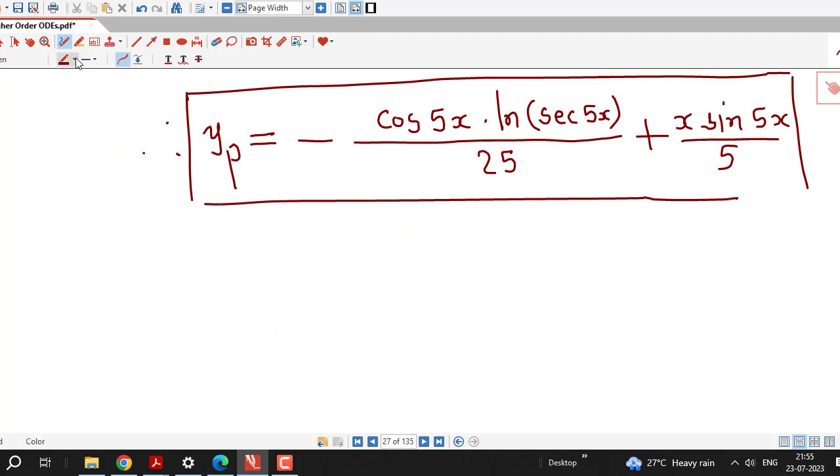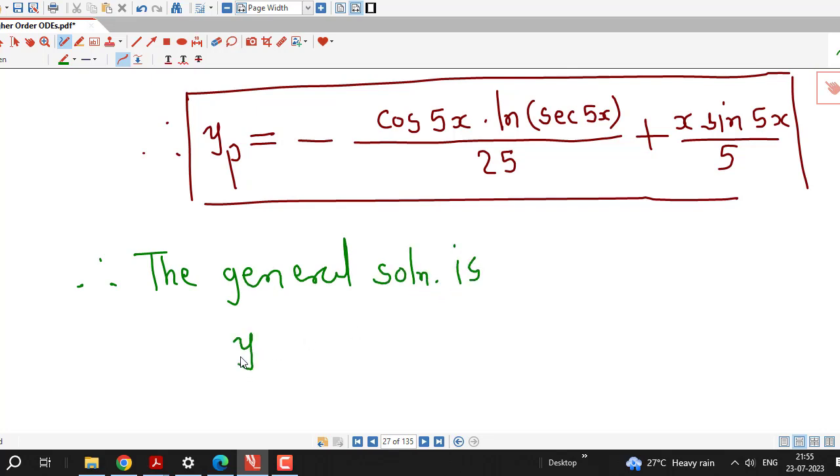And once we obtain the particular integral and complementary function, the last step is to write down the general solution by adding the complementary function and particular integral.